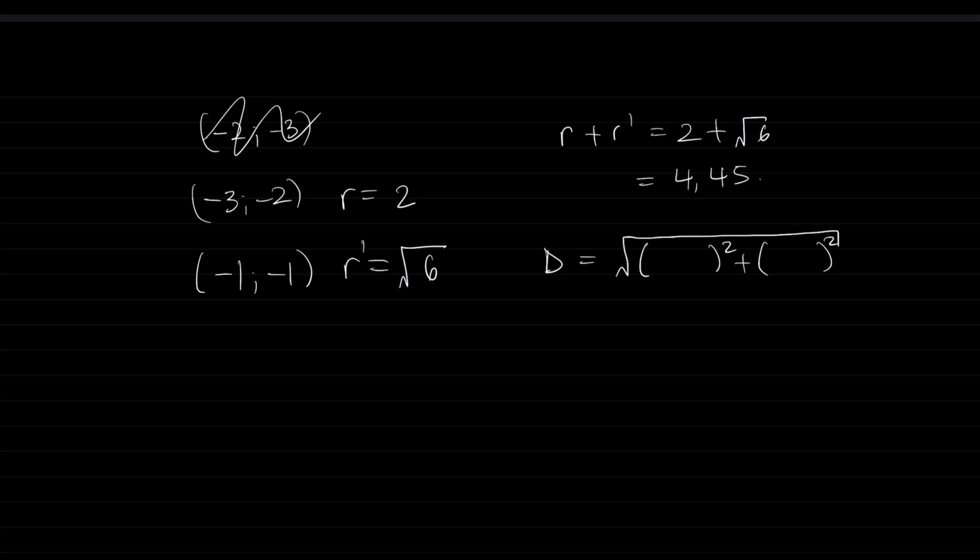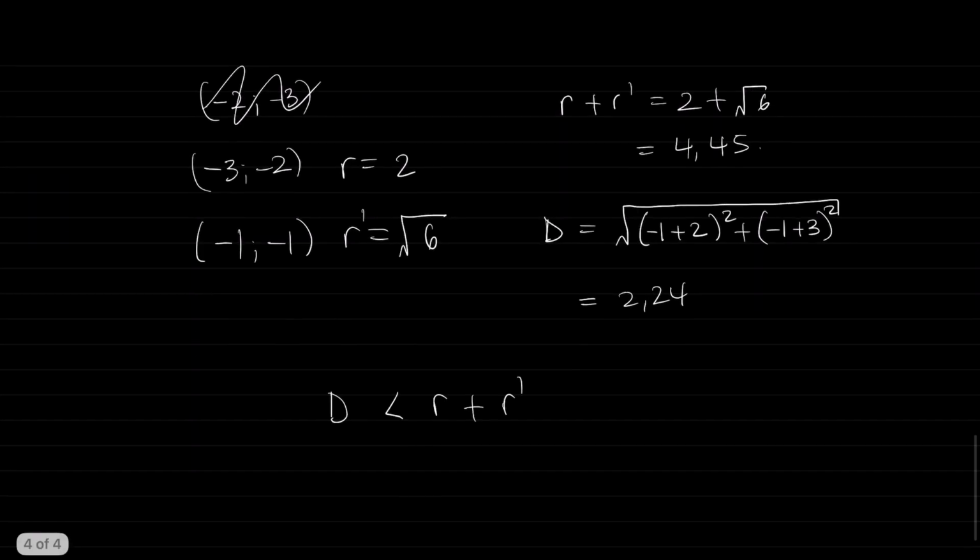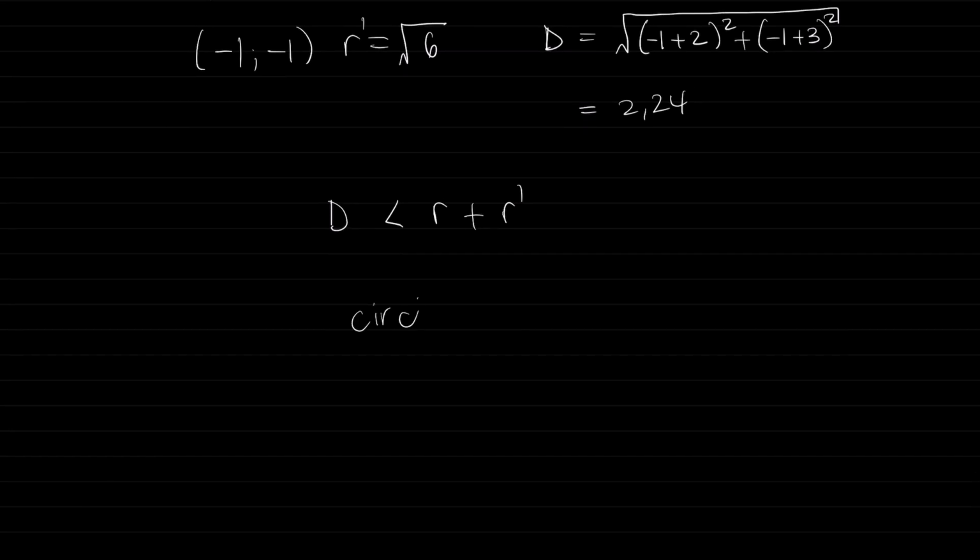So x2, let's call that minus 1, plus 2 all squared, and minus 1 plus 3 all squared. That's going to give us a distance of 2.24. So let's look at our evaluation. Here we can see that the distance is less than the sum of the radii. So if the distance is less than the sum of the radii, then they do intersect. So the circles will intersect.